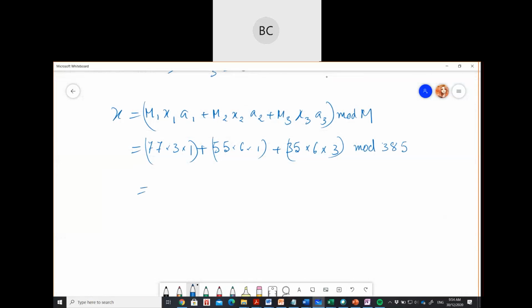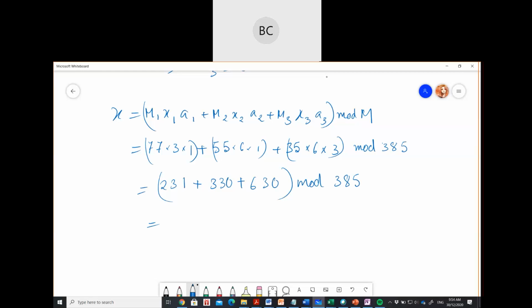So you just multiply these things. I'm just using my calculator. So values will be 231 for this one, 0 for this one, and 630 for the last one. And this whole thing is mod 385.